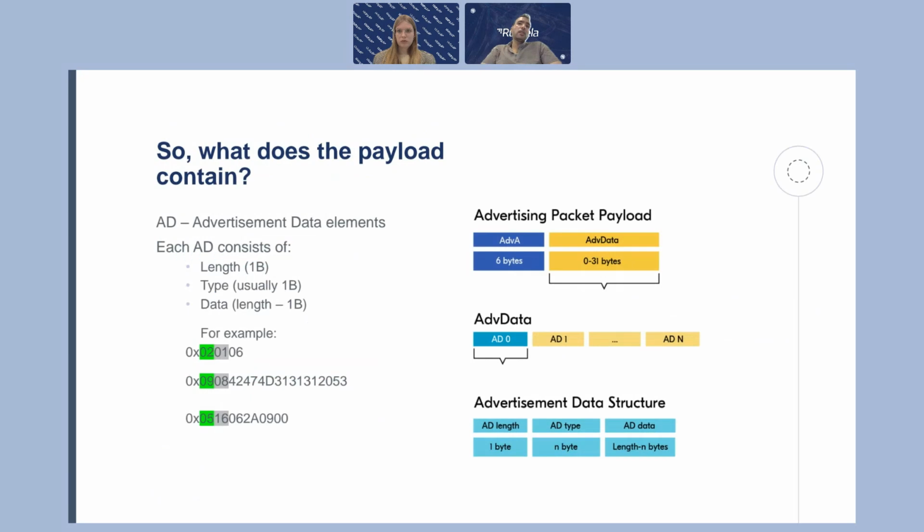So what does the payload contain? Inside of the advertisement payload, the information is usually organized into structures called advertisement data elements, or AD elements. Each advertisement data element contains three parts: the length, the type, and the data. The length field defines how many bytes are included. The type defines what kind of information is being transmitted.